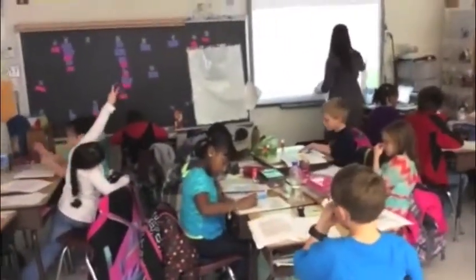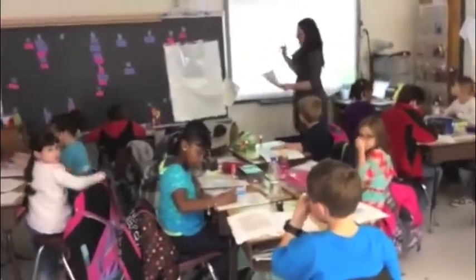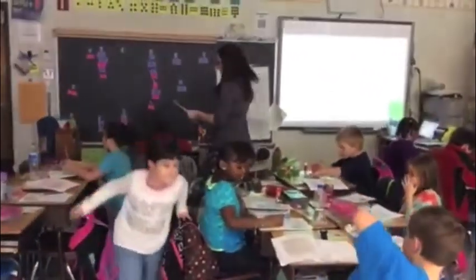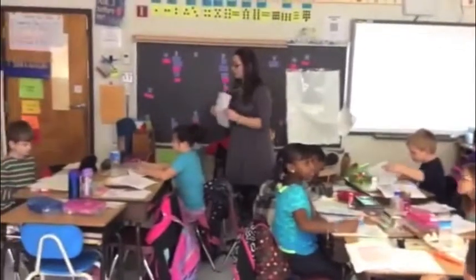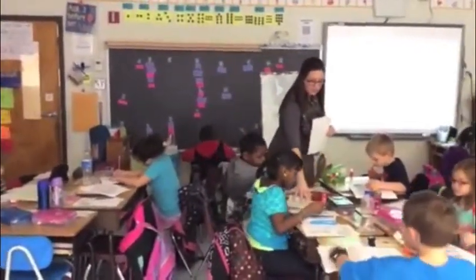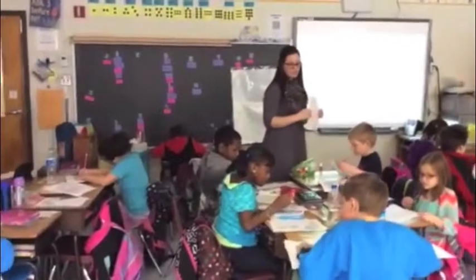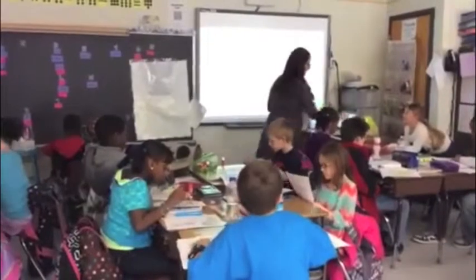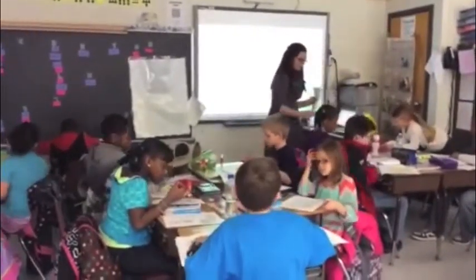Let's look for in our text. Look for where it says location and land. Where does it say location and land? Look at the beginning. Put your finger on it. Look in your text. Where at the beginning does it say location and land? Yeah, Kinley's found it.